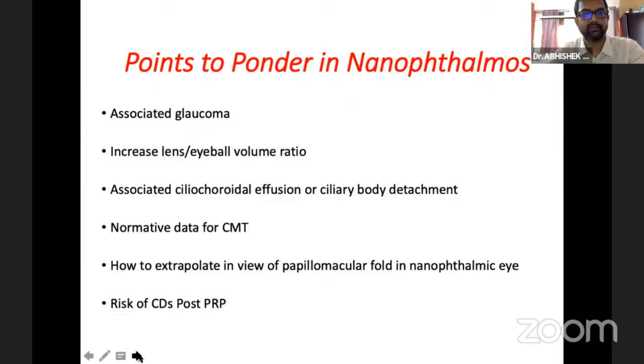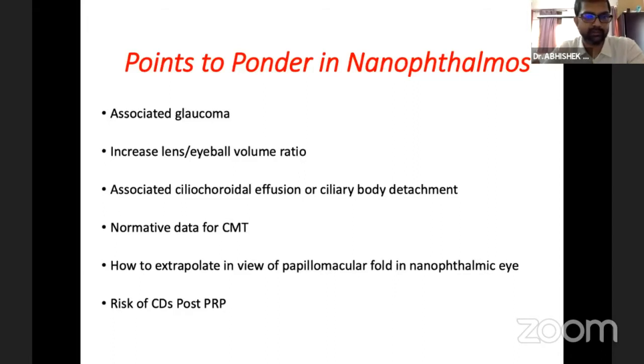So what are the points to ponder in nanophthalmos, to our expert panelists, is that there is an associated glaucoma. We have an increased lens to eyeball volume ratio. There is an associated ciliochoroidal effusion or ciliary body detachment. And so in this case, what can be the normative data for the CMT and what should we take as normal?